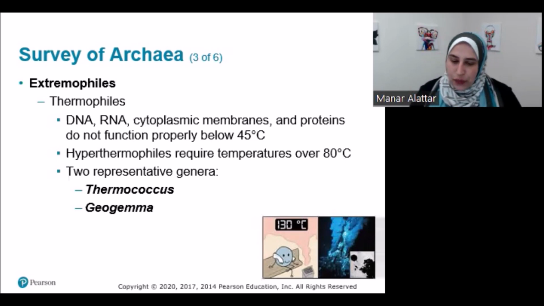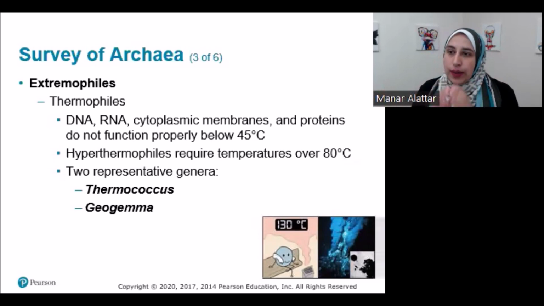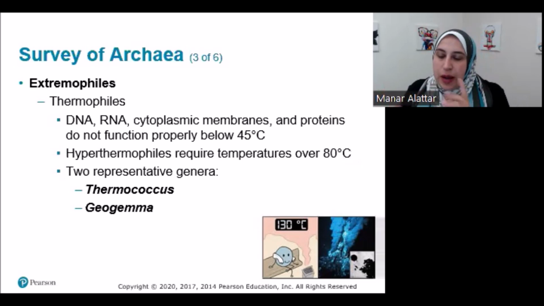Whenever you have an organism that lives in an extreme environment, it has to have the ability to maintain its integrity and homeostasis within those extreme environments, right? If you remember our discussion of enzymes, and also from previous classes, enzymes are really temperature, pH, and salinity specific.